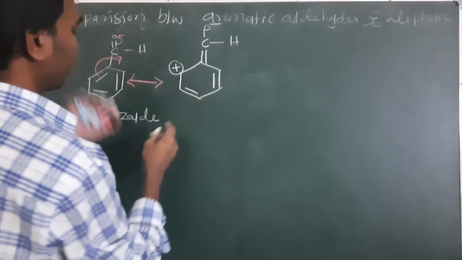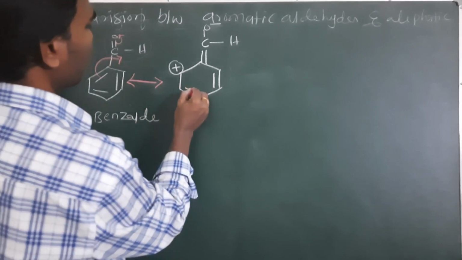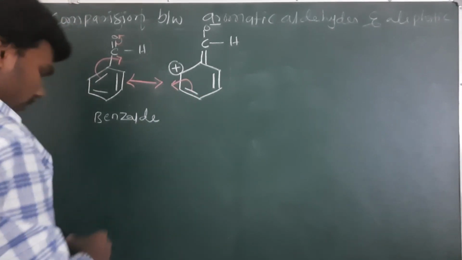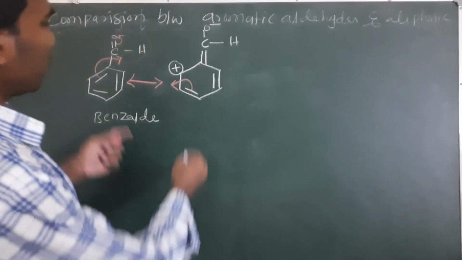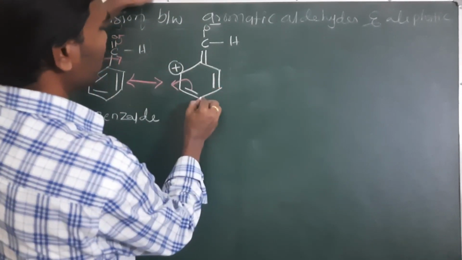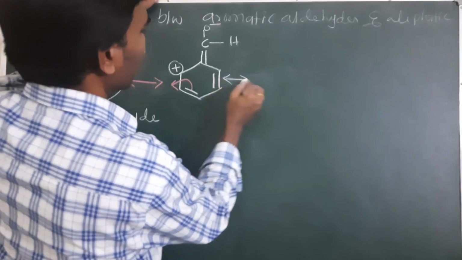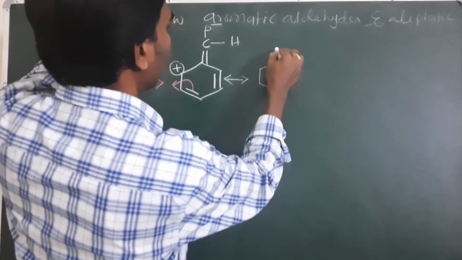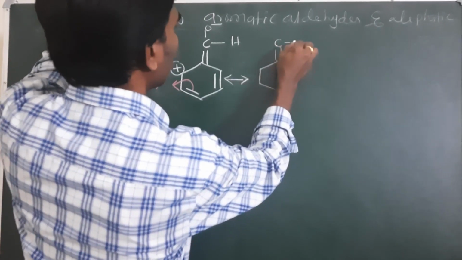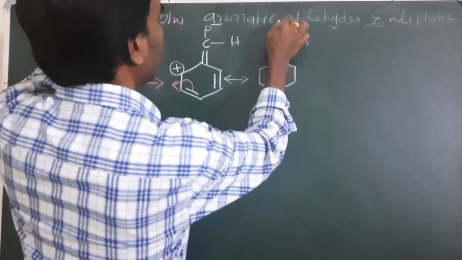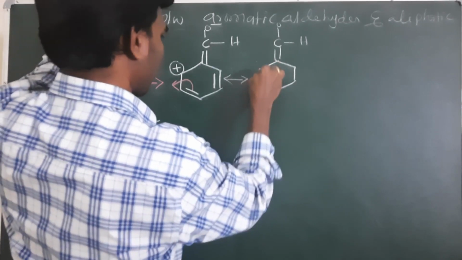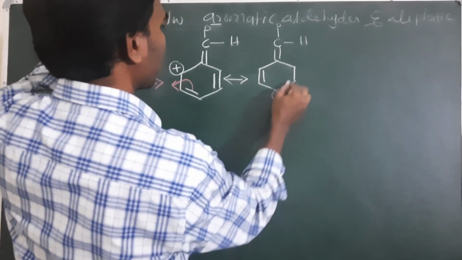After this, the double bond will shift like this. When this double bond shifts, this positive charge will shift here. So we are going to get double bond C, H, O minus, and here a positive charge. Here the double bond will shift and the positive charge will come here.